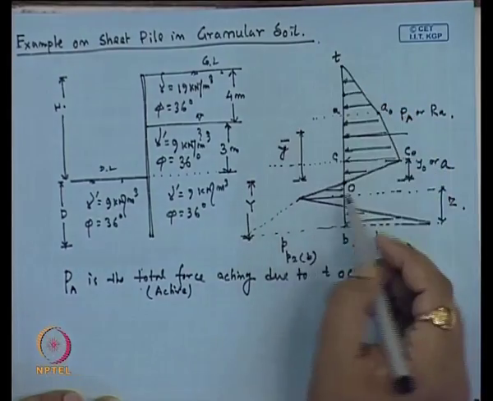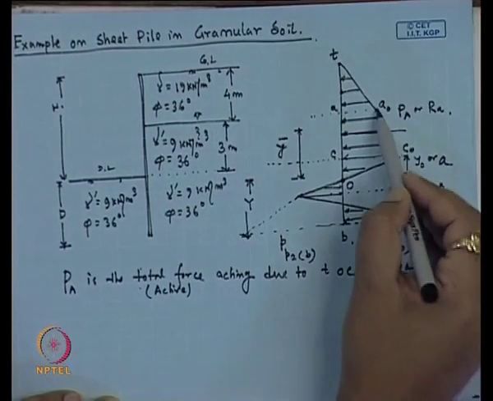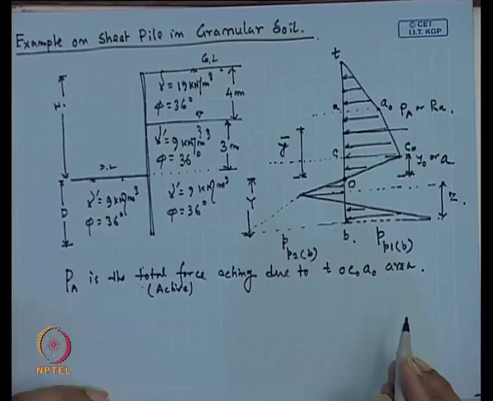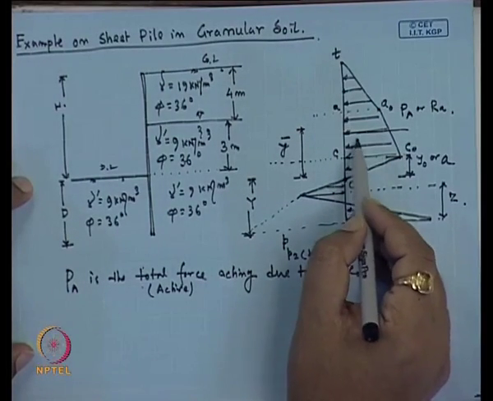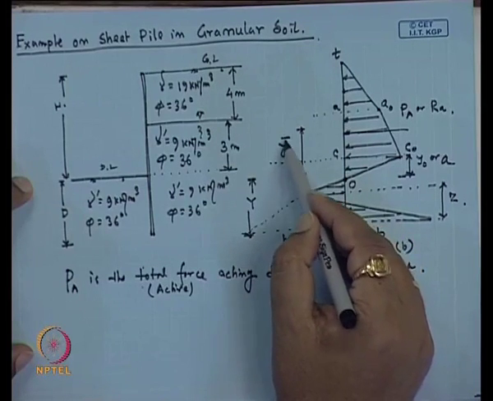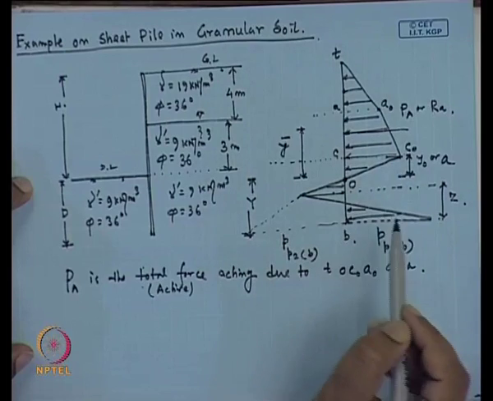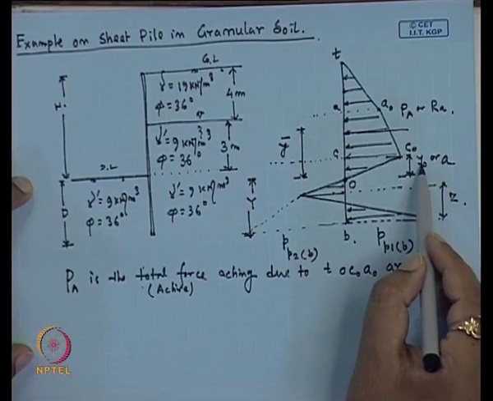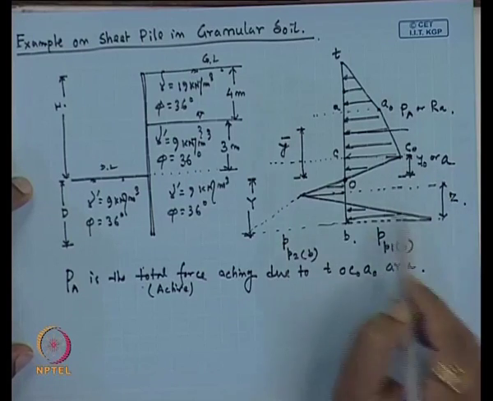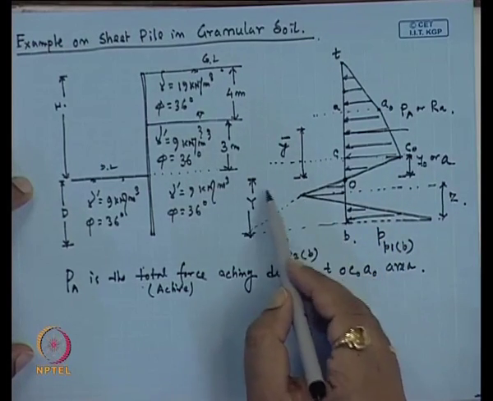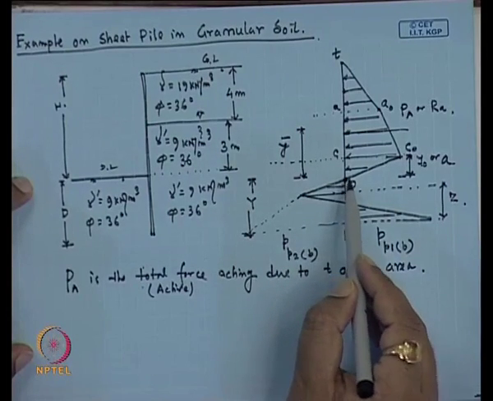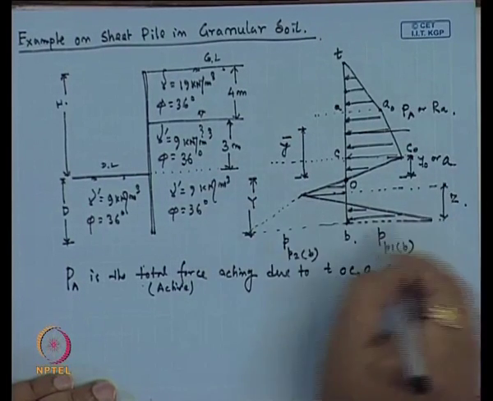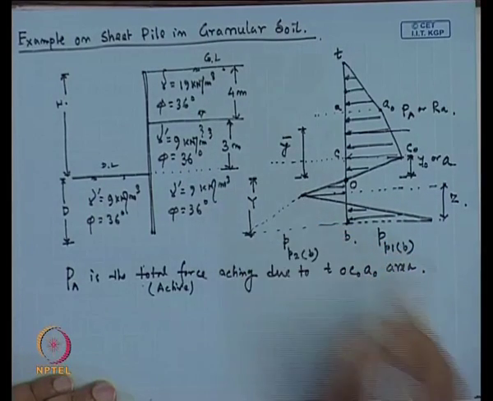This force acts at a distance of small y bar from the O point, and the O point is at a depth of y 0 or small a from the dredge level, and at a distance of capital Y from the base of the sheet pile, and z is the distance from B to this edge of the triangle.